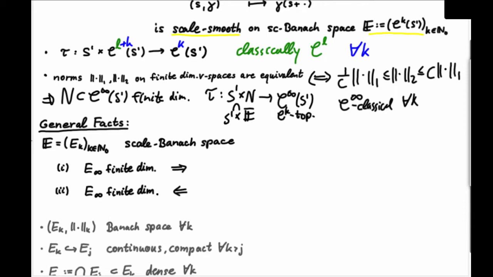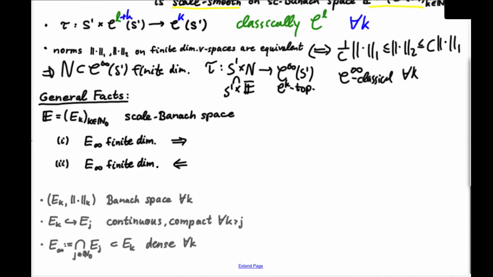If you have a general scale Banach space, except now you ask for this infinity level to be finite dimensional, reminder, infinity is the intersection of all scales, the claim is that then actually all scales are already equal to E infinity. As spaces, and in fact, that means all the norms need to be equivalent.